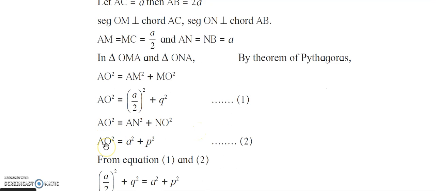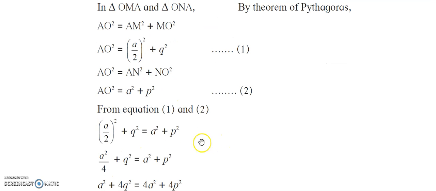That is AO square is equal to a square plus p square. Now these two distances are equal, therefore their right hand sides are also equal. Means what? (a upon 2) whole square plus q square is equal to a square plus p square.